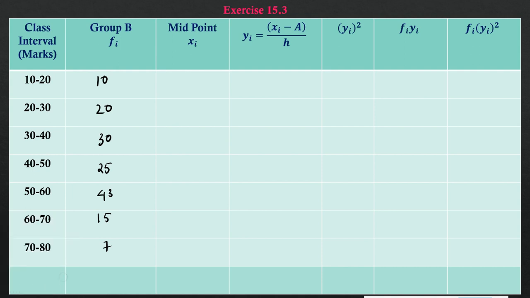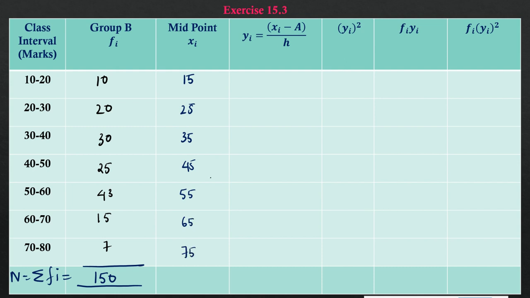When I add all these numbers, I will be getting the value of sigma summation fi, which is also known as n, and you are getting 150. Midpoint is going to be the same, so let me write down 15, 25, 35, 45, 55, 65 and 75.